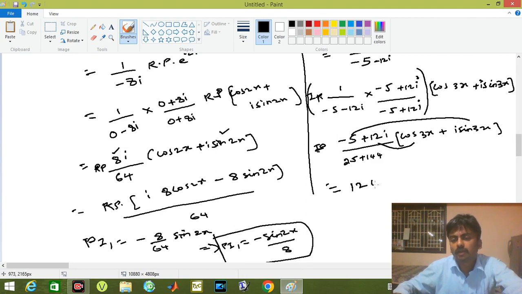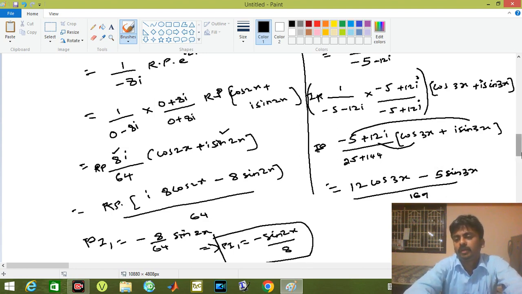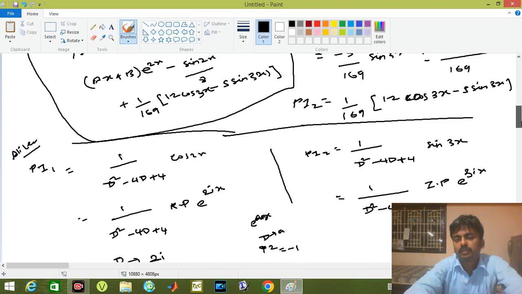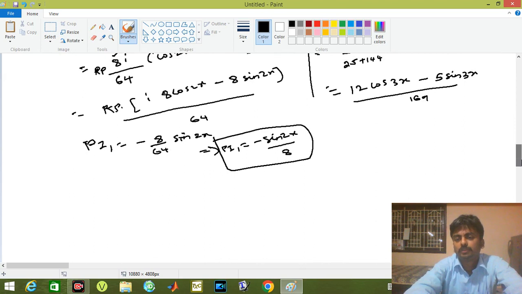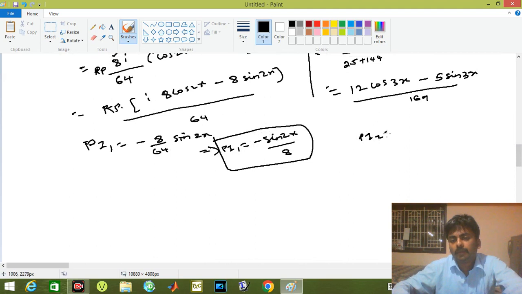So you will get 12 cos 3x minus 5 sin 3x divided by 169. We shall check the above solution. So this is your PI2, and now PI2 is correct: PI2 equals 12 cos 3x minus 5 sin 3x by 169.